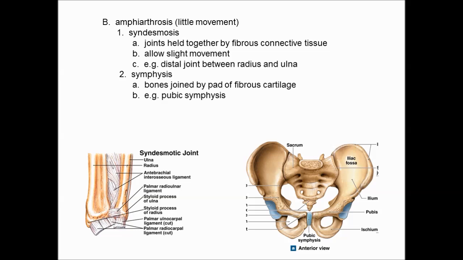And a symphysis is another good example of this amphiarthrosis, and that's when you have a pad of sponge-like cartilage between two bones.